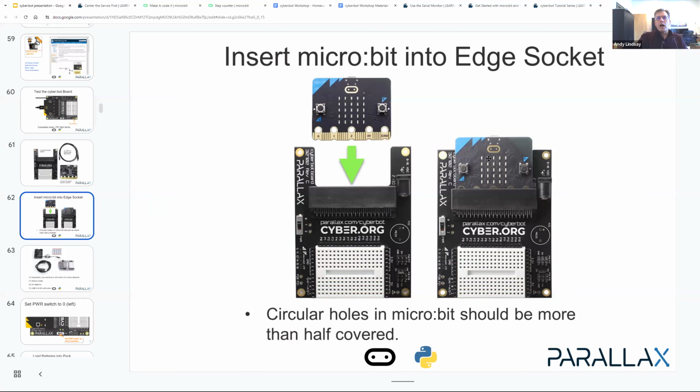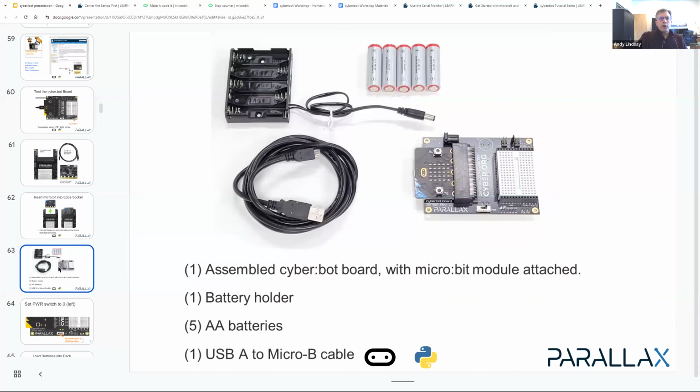Okay, so now that you've got your microbit plugged in, you want to grab a few more parts. So you'll want to grab your brand new, hopefully, AA alkaline batteries. And down in the bottom of your kit, probably tucked inside the chassis in a bag, is going to be this battery holder.